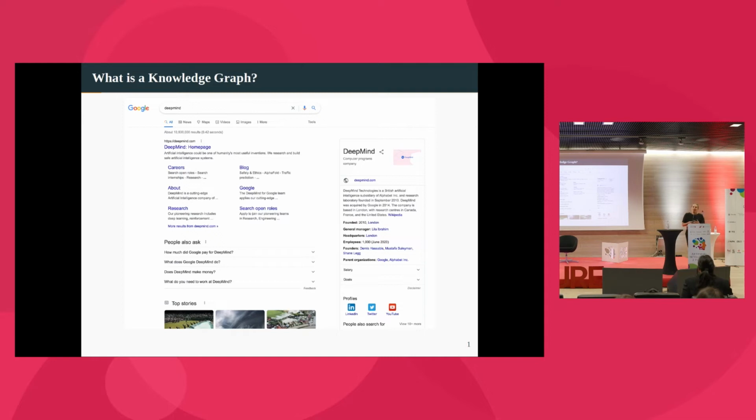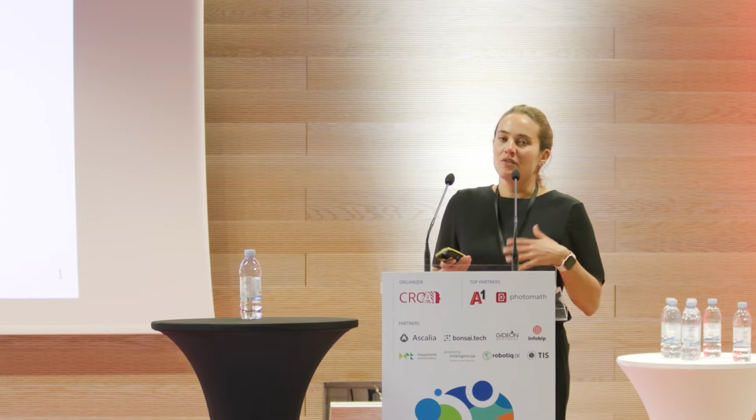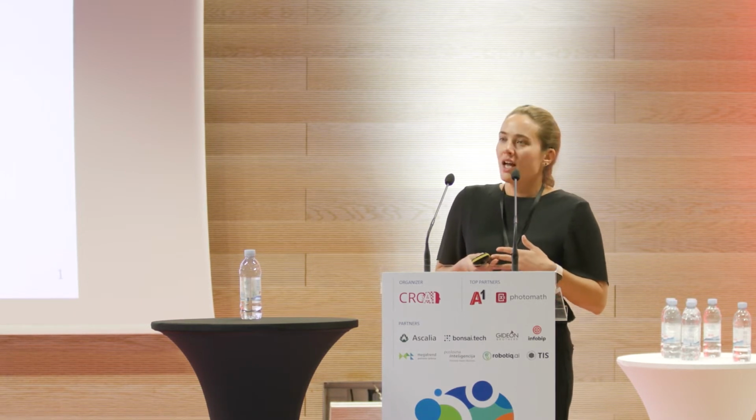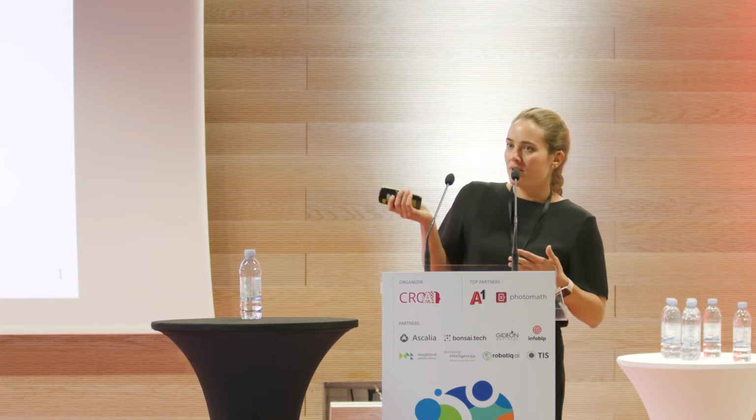I'm not sure how many of you here are familiar with knowledge graphs. But I'm sure most of you have come across an output of one, even though you may not have known that. So for example, say you've never heard of Google DeepMind and you type DeepMind into Google search. This is the classic output that you get.